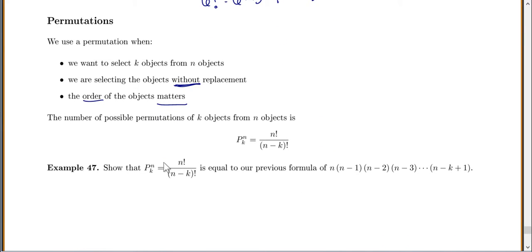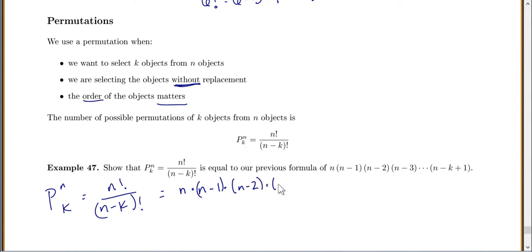So let's look at our actual formula. So P n k. So we're going to do n factorial over n minus k factorial. So let's see what that would be. N factorial, you start when you write n times n minus 1 times n minus 2 times n minus 3 dot dot dot until you get to n minus k plus 1, and I'm going to make sure I have that one in there because that's what I'm trying to get to, and n minus k and n minus k minus 1 dot dot dot all the way down to 1.